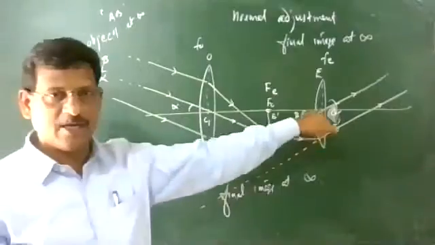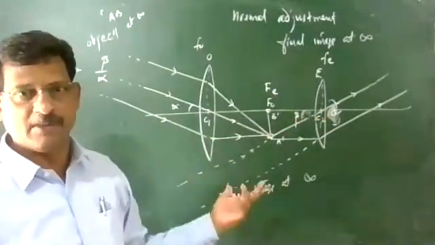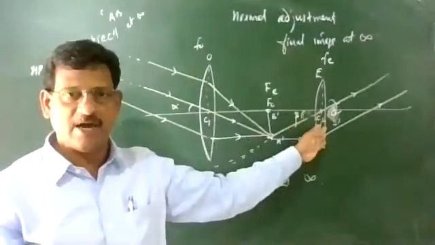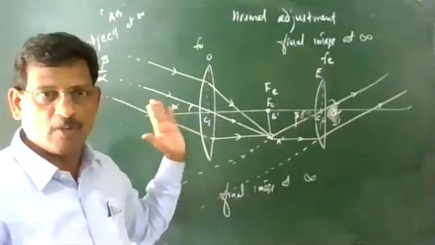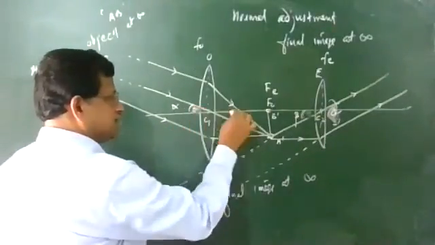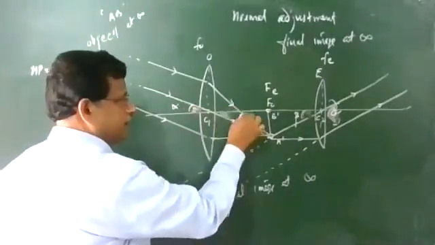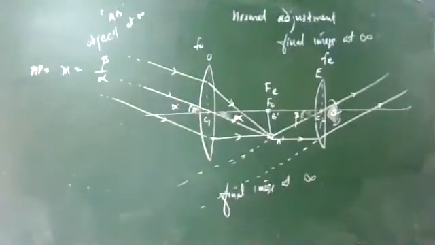So instead of marking alpha at the eyepiece, you can mark it at the objective lens. There is no problem. If this angle is alpha, this angle is also alpha. The diagram is completed with alpha and beta.